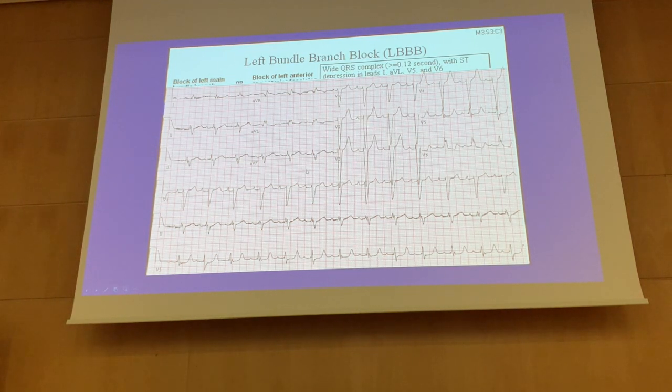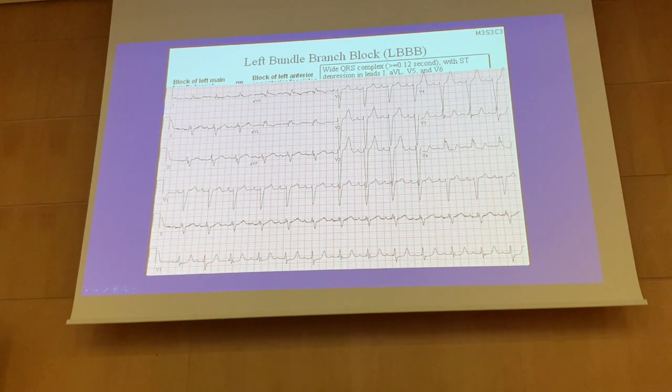What's the problem with V5 and V6? In V5 and V6, the R wave will be positive, but it is weak. We said the R wave should be big here, and it is wide, with a shape approximately like a rabbit ear. Just ignore it.